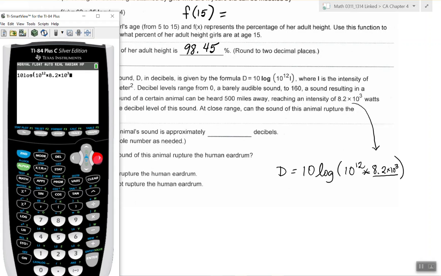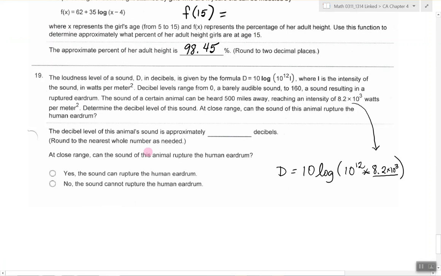Get out of there again using the right arrow and close your parentheses. That looks very odd, but it is 10 to the 12th times the intensity, which was 8.2 times 10 to the third. Well, I'm glad the calculator has a job of cranking that out. And this is the number of decibels. The instructions tell me to round to the nearest whole number.